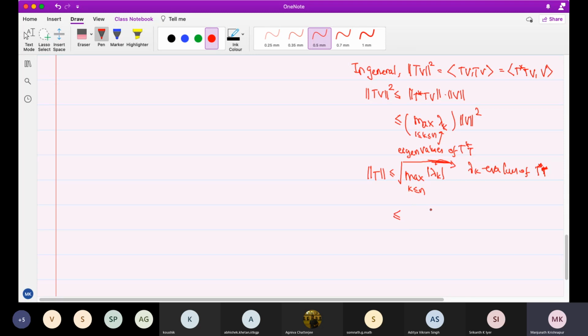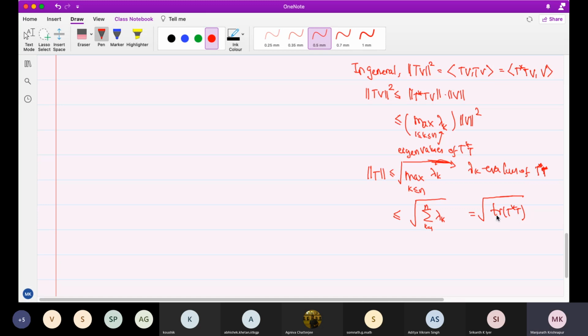Since everything is non-negative, there is no need to add absolute values. The maximum of lambda k is bounded by the sum of the lambda k, since everything is non-negative, and that is actually the trace of T star T. The trace of T star T is the sum of the eigenvalues of T star T. But if you have the matrix, you can also get it as the sum of the diagonal entries, which is easier to handle than the maximum lambda k. Any questions here?